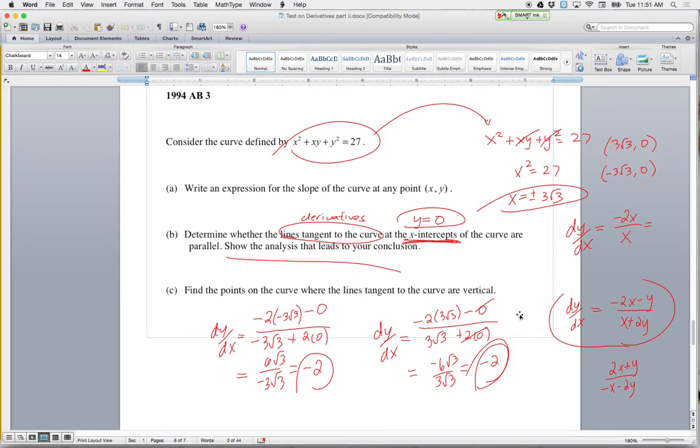And that means the x's cancel, and the derivative simplifies to negative 2. So when y equals 0, this is always true. When you're dealing with an x-intercept, the derivative is always going to equal negative 2, therefore they're parallel. So you get the full 3 points. And it's a lot faster.